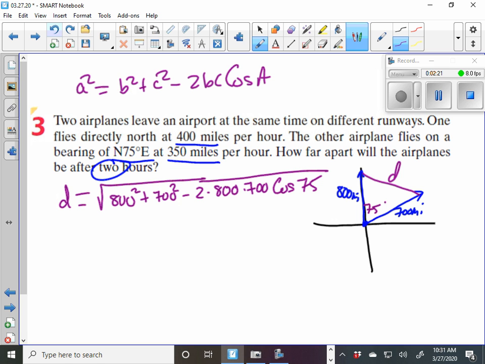And again, nice part about this is it's a calculator problem, so we're just going to plug that puppy in.